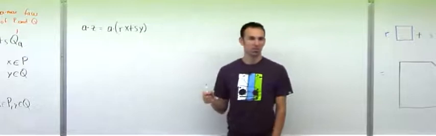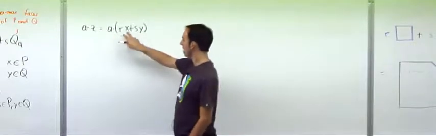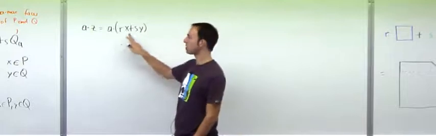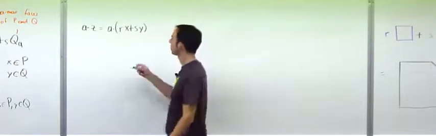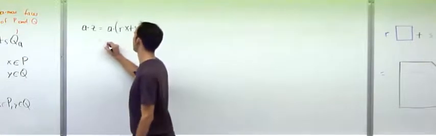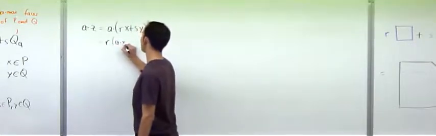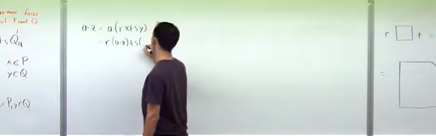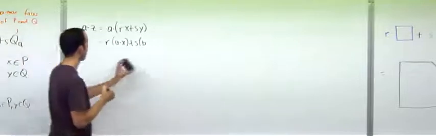And here I think the hardest thing about this proof is remembering what is a vector and what is a number. So the vectors are a, x, and y, and the scalars are r and s. R and s are the scalings of our polytopes. So here we can take out the r and do a dot x, and we can take out s and do a dot y.